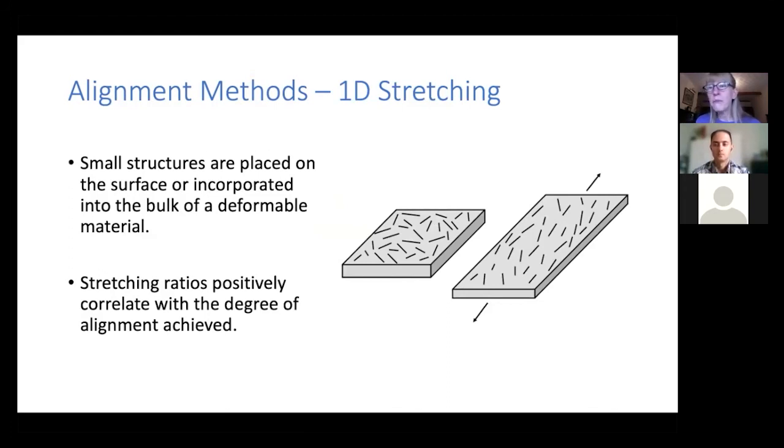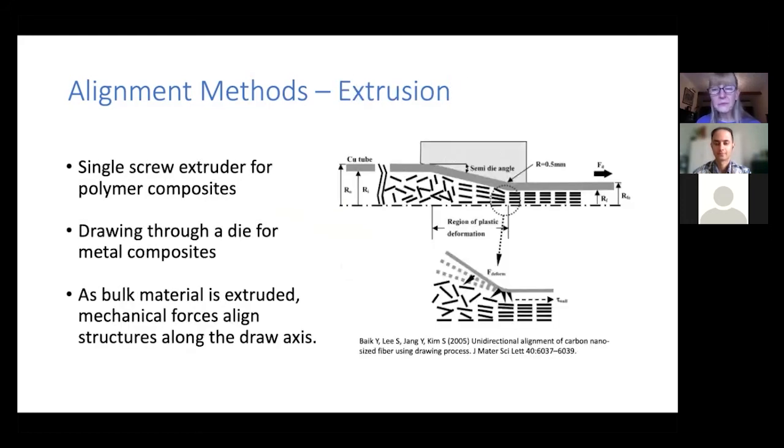Why? Because you clearly have constraint. The material's on a planar surface and you're stretching it such that you're going to get some degree of alignment, but nowhere close to alignment within a few degrees in this sort of method. Same thing with the extrusion processes.